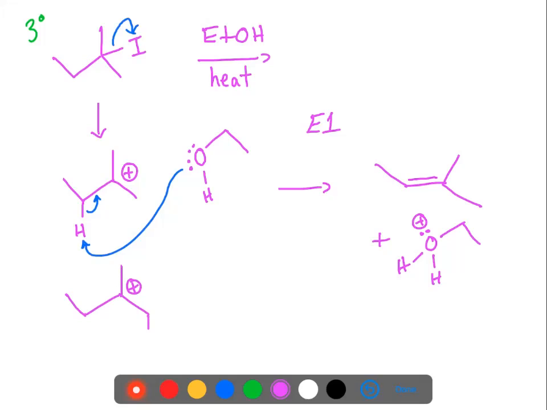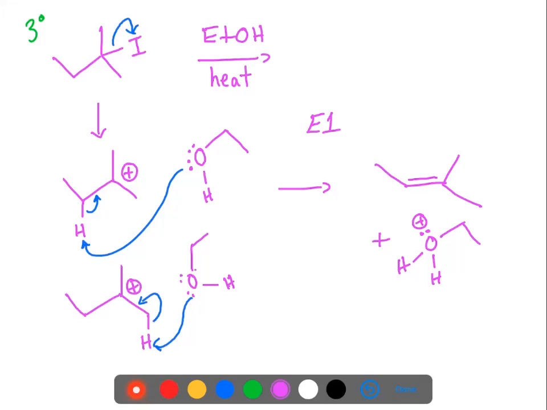So if I specifically show this particular beta hydrogen, and again, a molecule of ethanol, we would have a proton transfer occurring from this particular beta position.